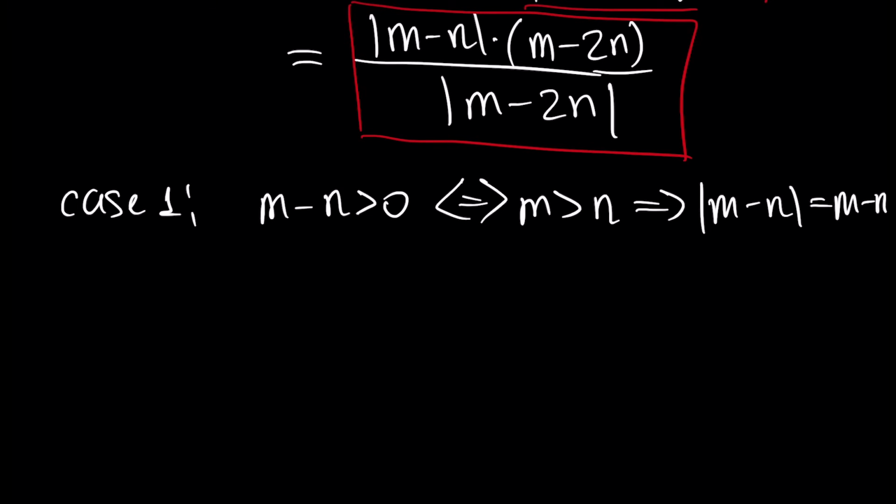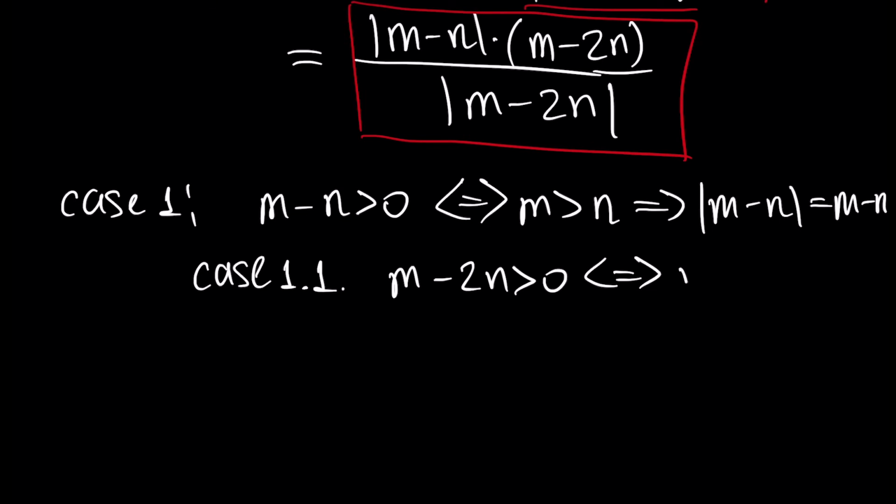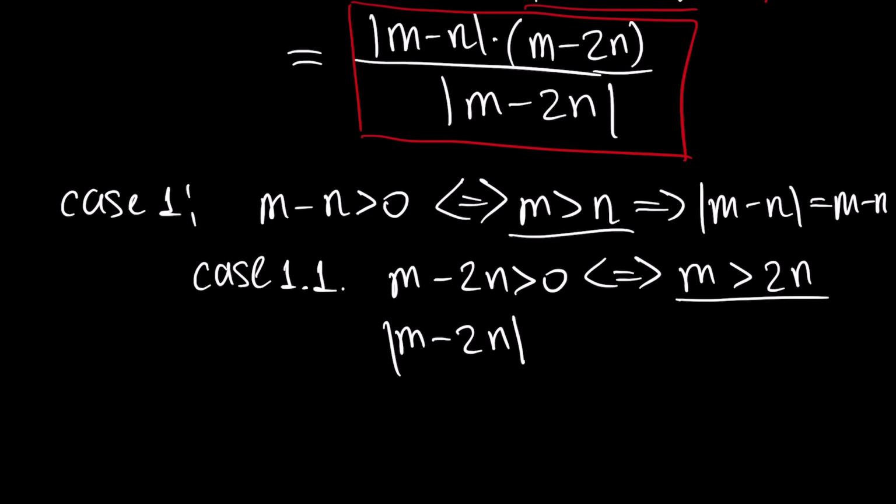Inside case 1, we can divide this into two subcases. Case 1.1, when m minus 2n is positive, or m is bigger than 2n. In this case, the absolute value of m minus 2n is equal to m minus 2n.